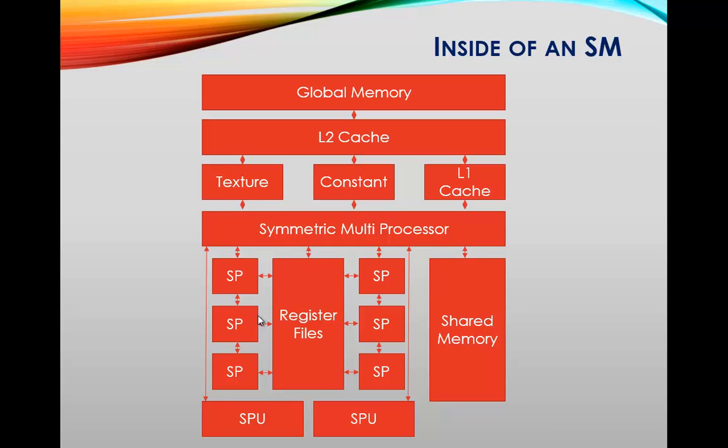Each of these streaming multiprocessors also has a bus that connects them to texture, constant memory, and their L1 cache, and also to the global memory. Notice that the constant and texture memory, and we'll talk about these again later on in the programming components of this class, are faster memory units because they are highly specialized memory units that are accessible to each of these streaming multiprocessors, and they can be utilized as a view, a look into the global memory.